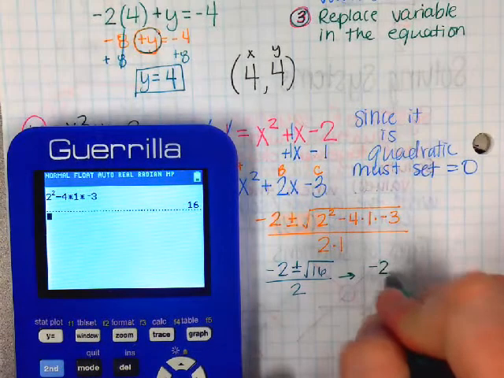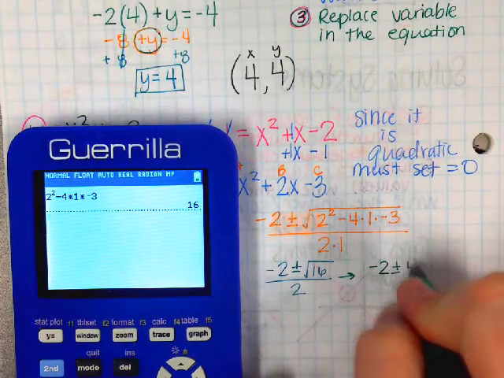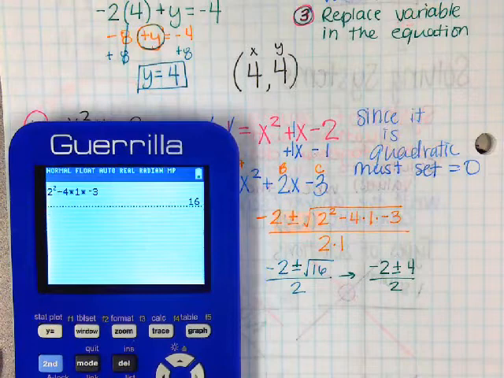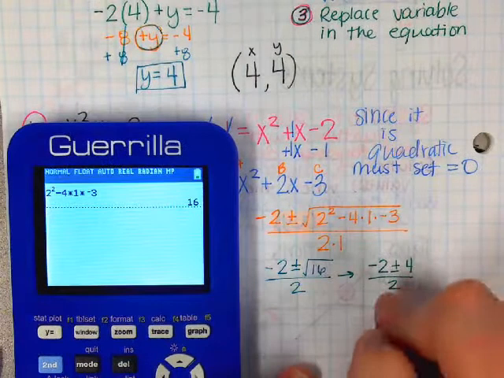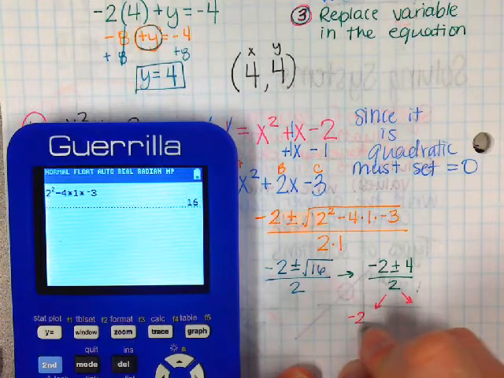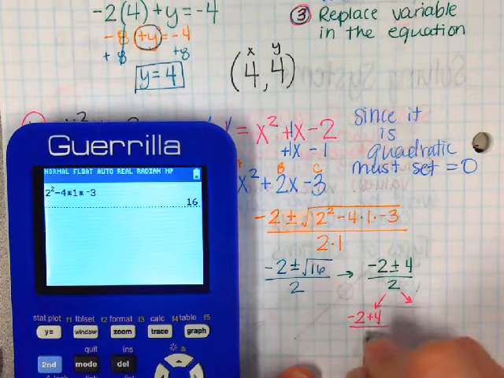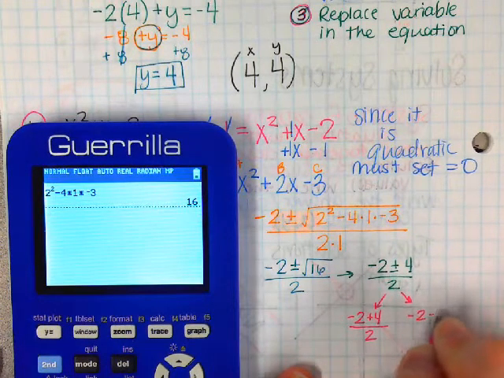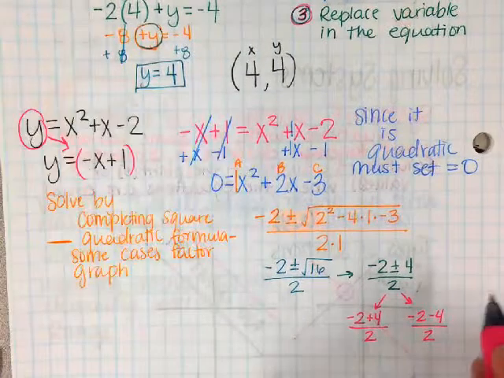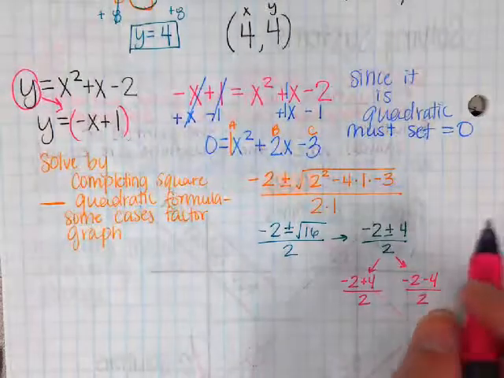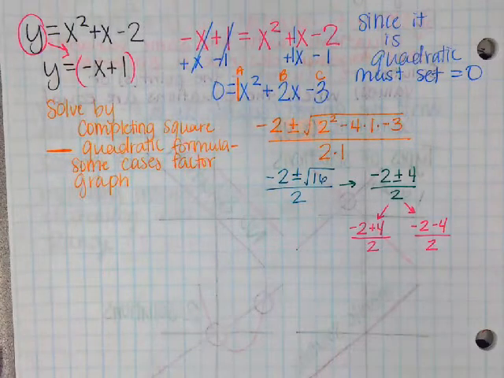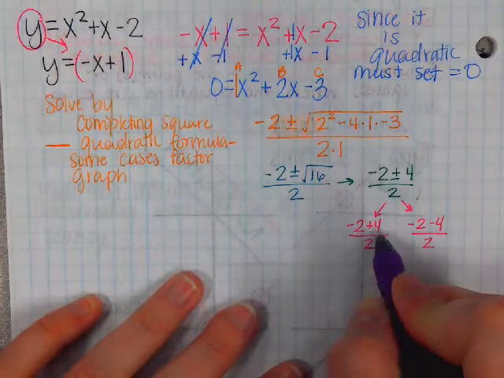Well, the square root of 16 is 4, so I'm just going to rewrite that as negative 2 plus and minus 4 divided by 2. And then again, remember you have to write them once as a positive, once as a negative. So negative 2 plus 4 divided by 2, and negative 2 minus 4 divided by 2. If you don't remember this stuff, you're going to have to go back and watch the video for the quadratic formula.